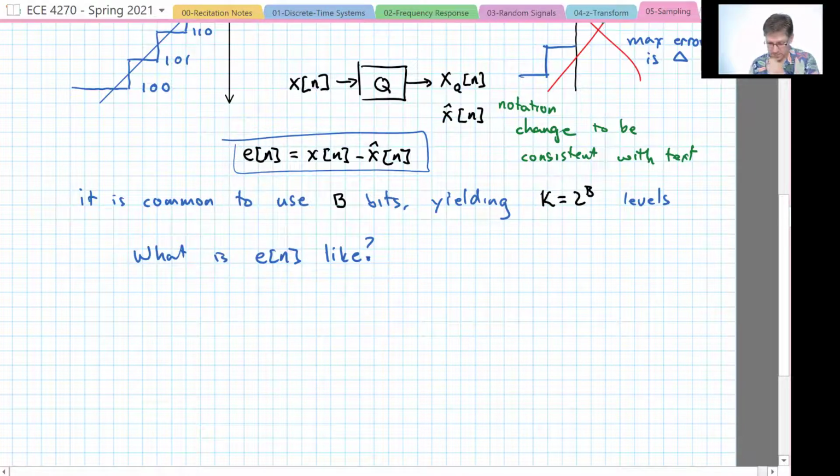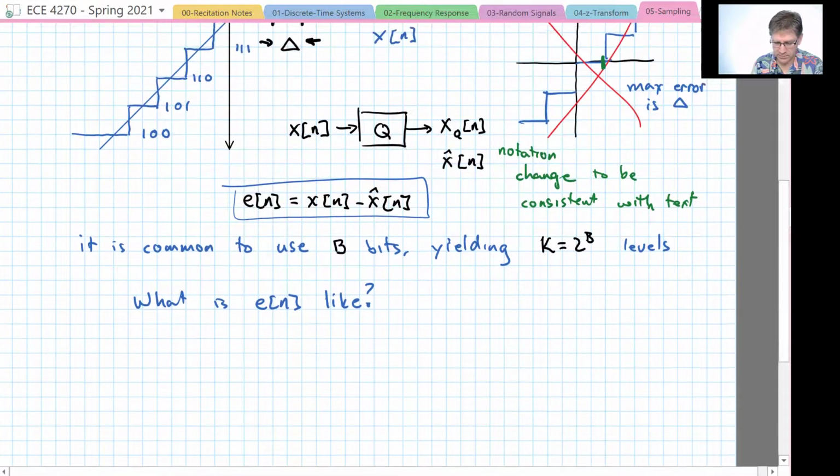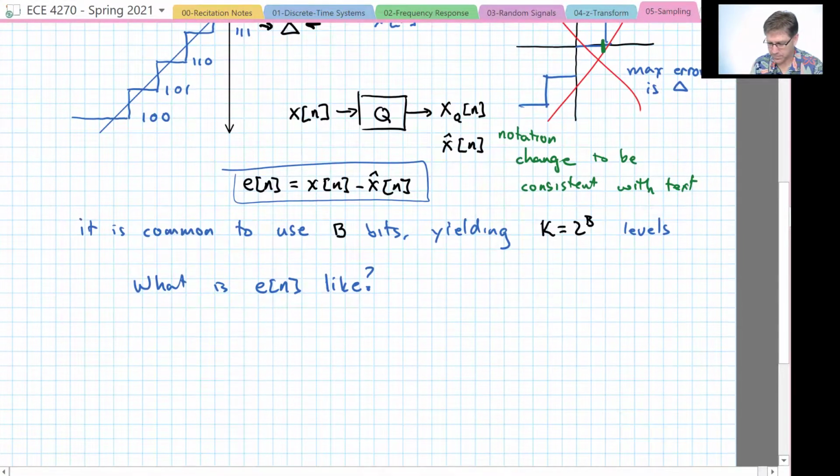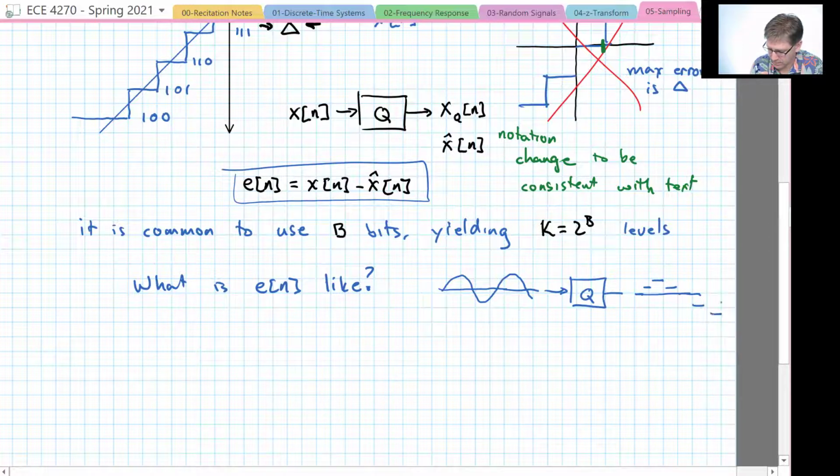It turns out that if we had few quantization levels like we do right above there, and we had an input that was, say, a sine wave, and it goes into a quantizer, and what we get out is a staircase-like signal, and so on.